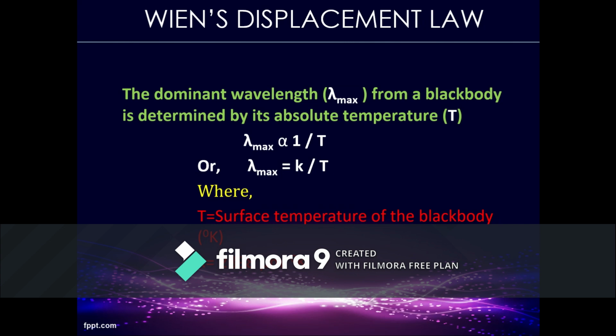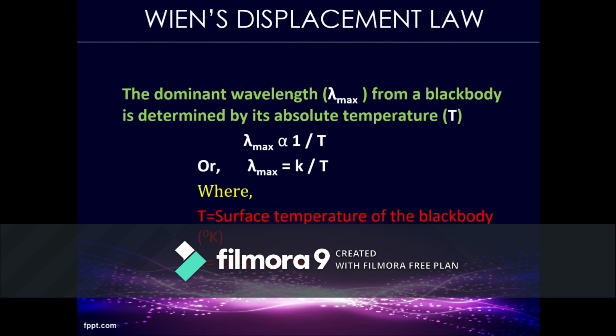And next one is Wien's displacement law. Wien's displacement law says that the dominant wavelength from a black body is determined by its absolute temperature. Meaning lambda max is inversely, not directly, proportional to its temperature.